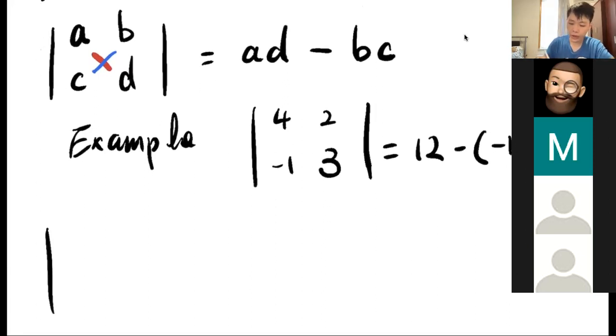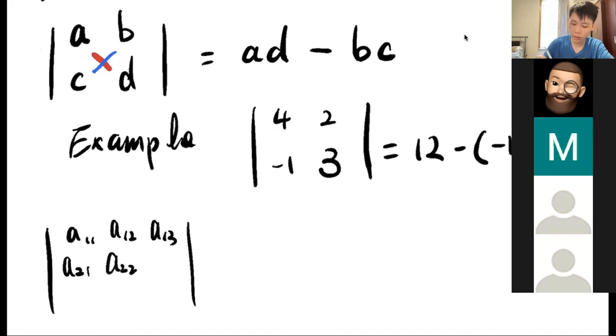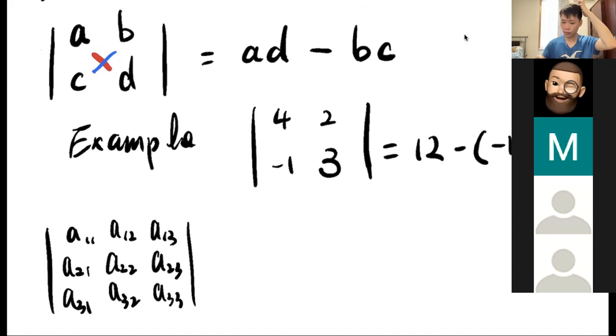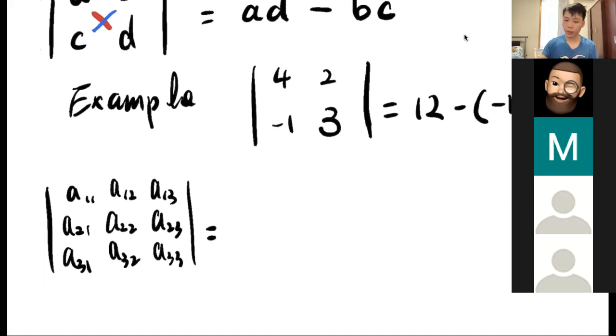For a 3 by 3 matrix, it would be a little bit more complicated. So A11, A12, A13, A21, 22, 23, 31, 32, 33. Now you break it down into 3 components.